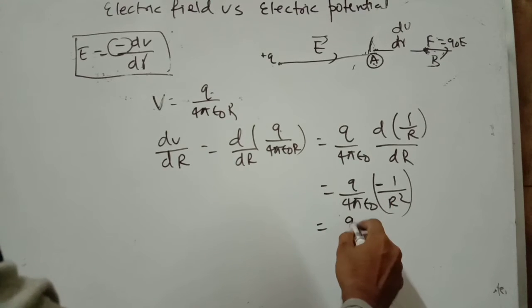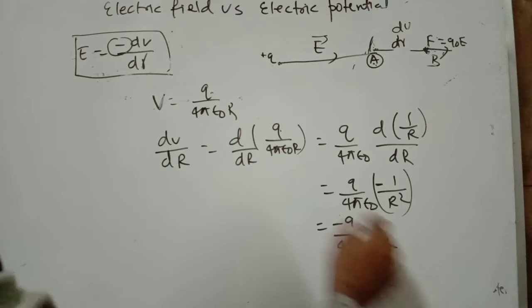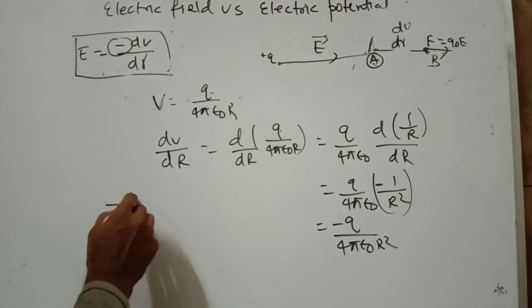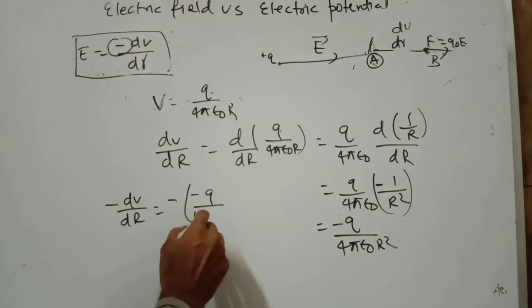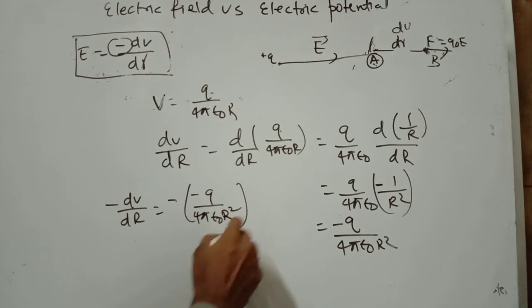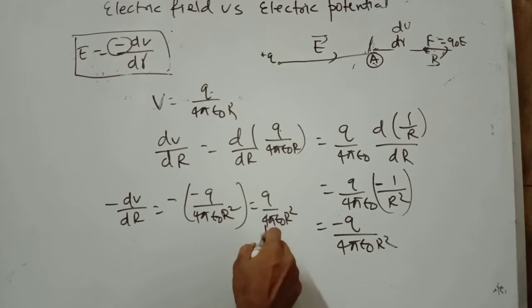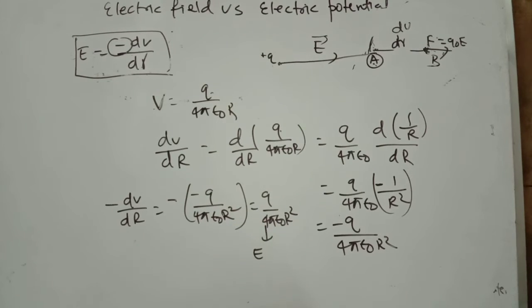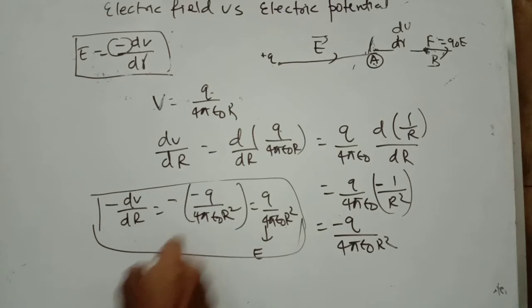So dV by dr gives minus q by 4 pi epsilon naught r square. Then minus dV by dr is minus of minus q by 4 pi epsilon naught r square, which gives q by 4 pi epsilon naught r square. That is the electric field strength at a distance r due to the point charge q. So you can verify it from here.